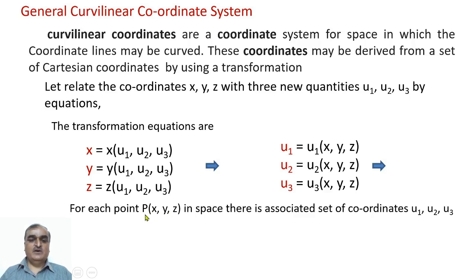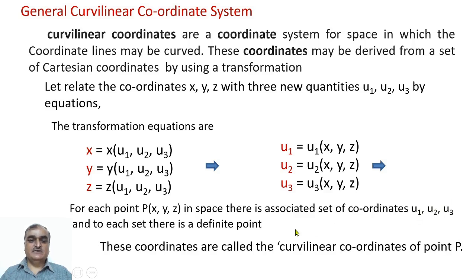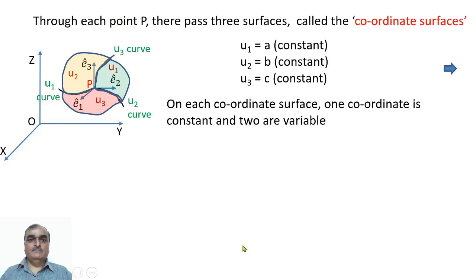Therefore, for each point P having coordinates xyz, there is a set of new coordinates u1, u2, u3. And for each set of u1, u2, u3, there is a definite point in space. These coordinates are called curvilinear coordinates of point P.